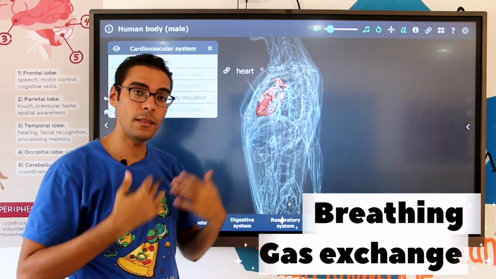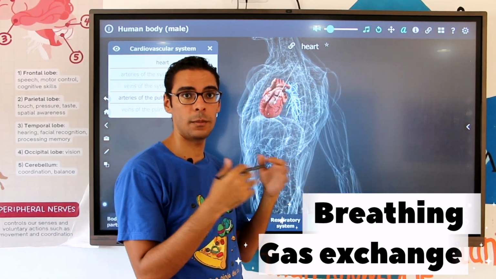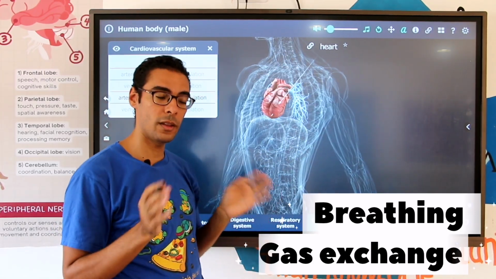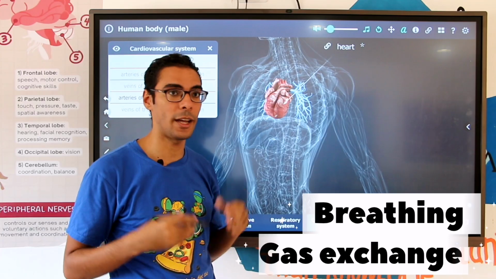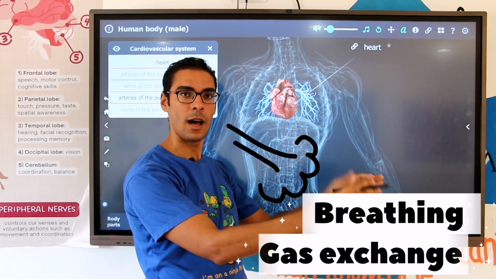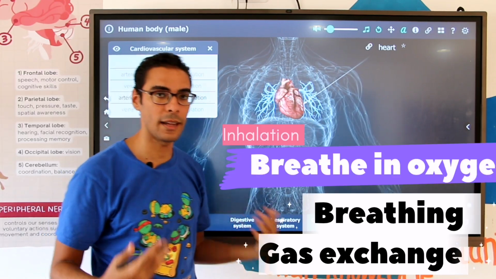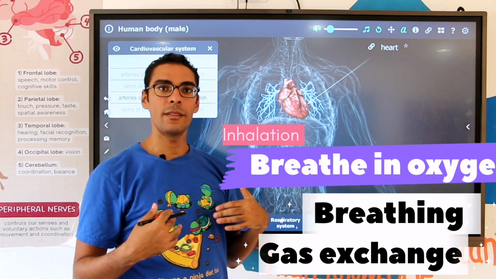When the lungs receive the deoxygenated blood, they help you to release and get rid of the carbon dioxide by the respiratory system within the exhalation process, like that. Carbon dioxide goes out. After that, the oxygen goes in by the inhalation process, like that, when we breathe in.